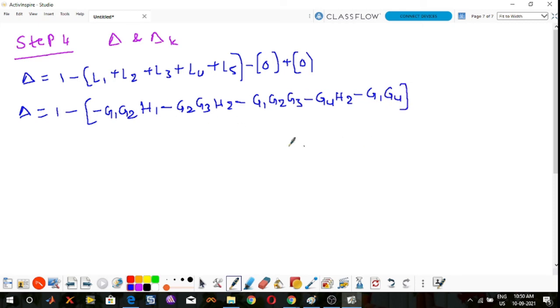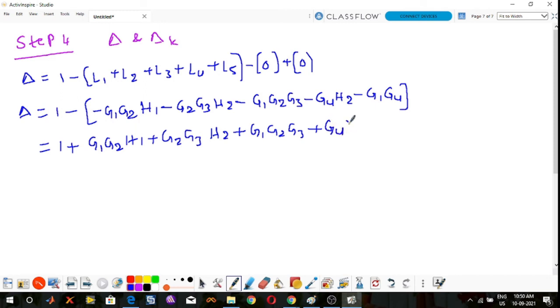Here the negative sign is common in all the terms, so take the common minus, and minus into minus gives plus: 1 plus G1 G2 H1 plus G2 G3 H2 plus G1 G2 G3 plus G4 H2 plus G1 G4. That is the delta.